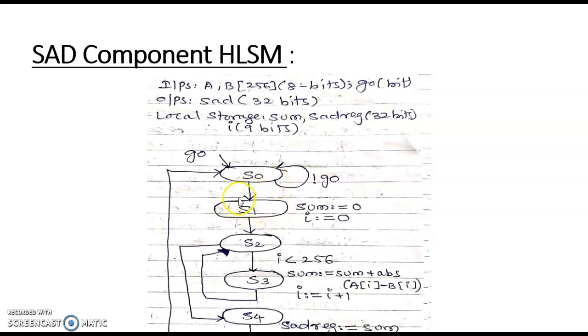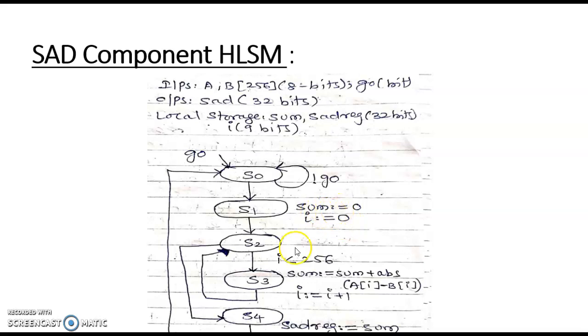Now when it comes to the S1 state, you can see sum equal to 0, i equal to 0. What is this sum? Here we have 256 bytes. In order to refer to them there will be indexing, like a memory in which I will move from 0 to 255. So for moving through memory addresses from 0 to 255, this i is used.